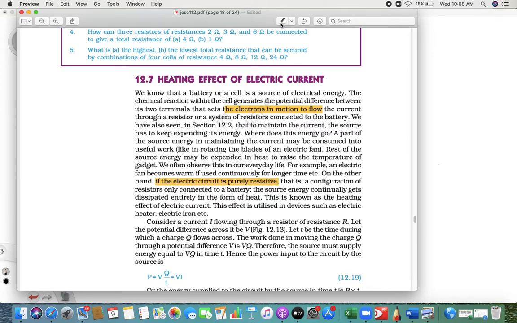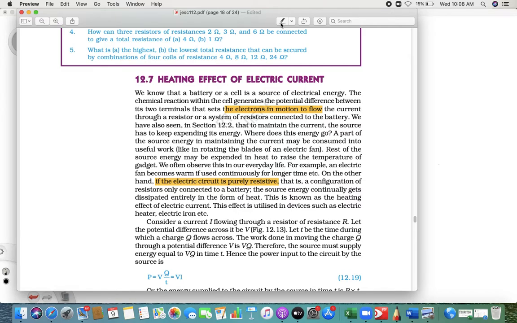So there are certain devices whose purpose is to generate only heat. For example, your toaster, your hair dryer, your hair straightener, all these things. The main purpose of them is to generate heat only.